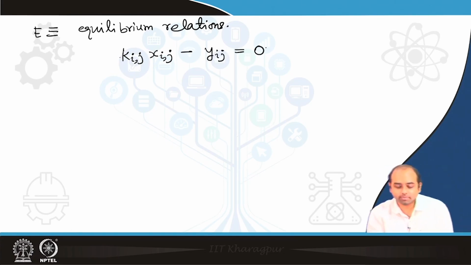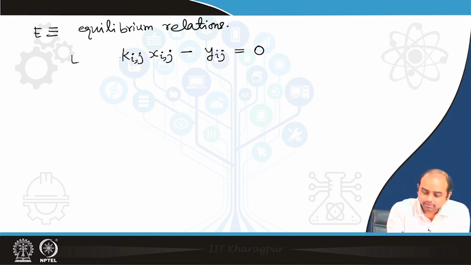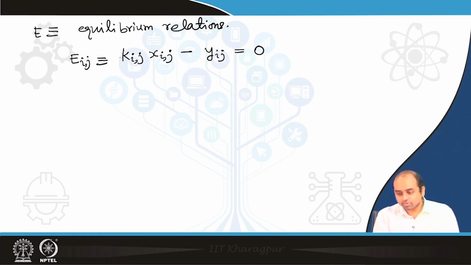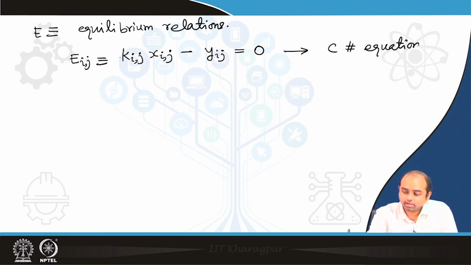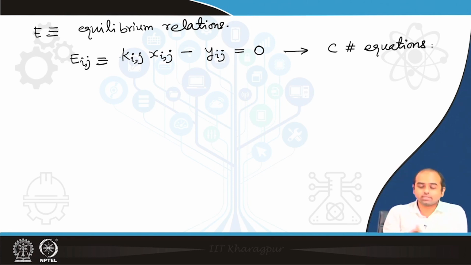This is the equilibrium relation, and this is valid at all the trays. So from here also you are going to get C number of equations, because this will be valid for all the components, right? Vapor liquid equilibrium has to exist for all the components.